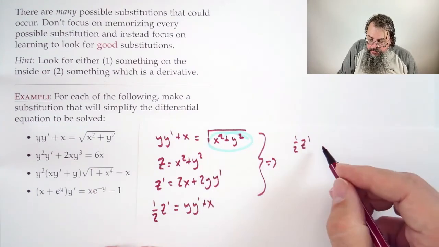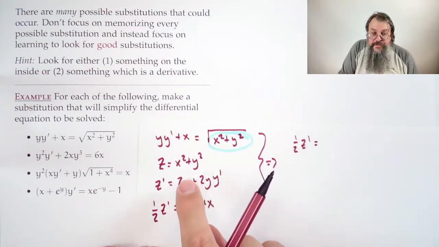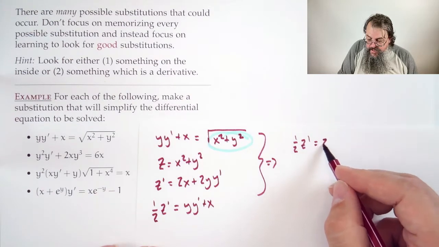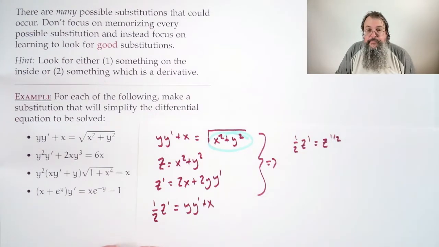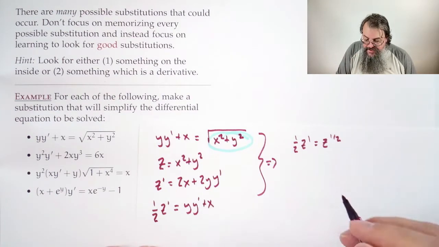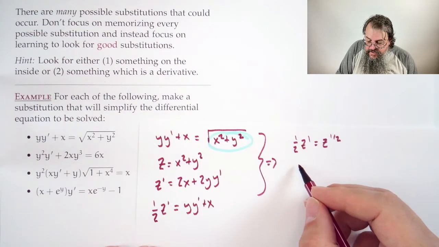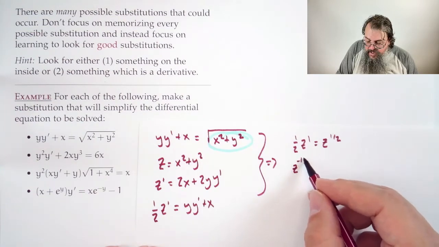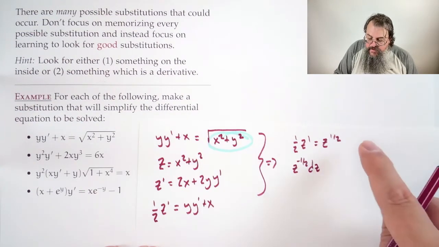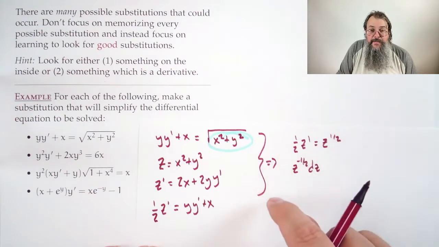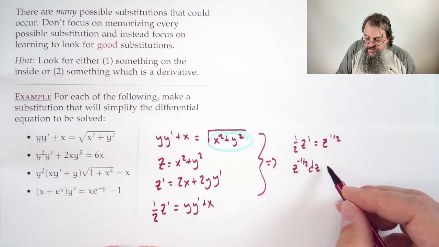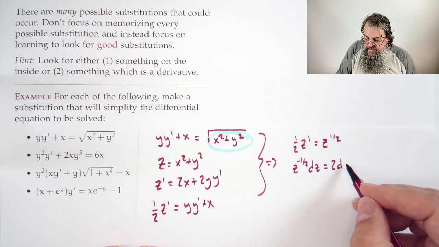The right-hand side would be the square root of z, which we can write as z to the 1/2. This is wonderful. This is separable. So we say, all right, let's separate. So we have z to the minus a half dz, because you have to divide by z to the 1/2, equals 2 dx.